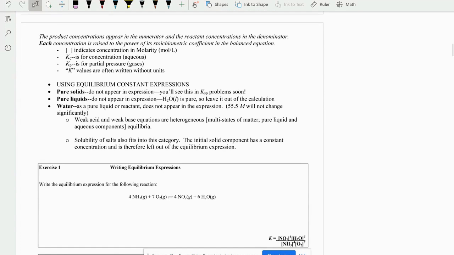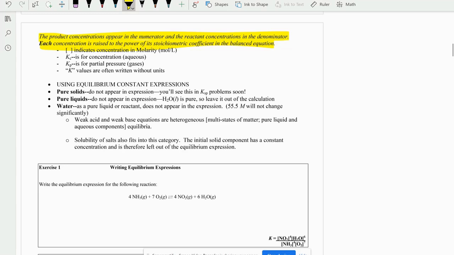All right, the product concentrations appear in the numerator and the reactant concentrations appear in the denominator. Each concentration is raised to the power of its coefficient in the balanced reaction. Boom, there it is. Just what I said several times is put into writing right here. And again, I kind of gave you guys a list of some symbols to look out for and to know. Again, brackets mean molarity. Please don't forget that.